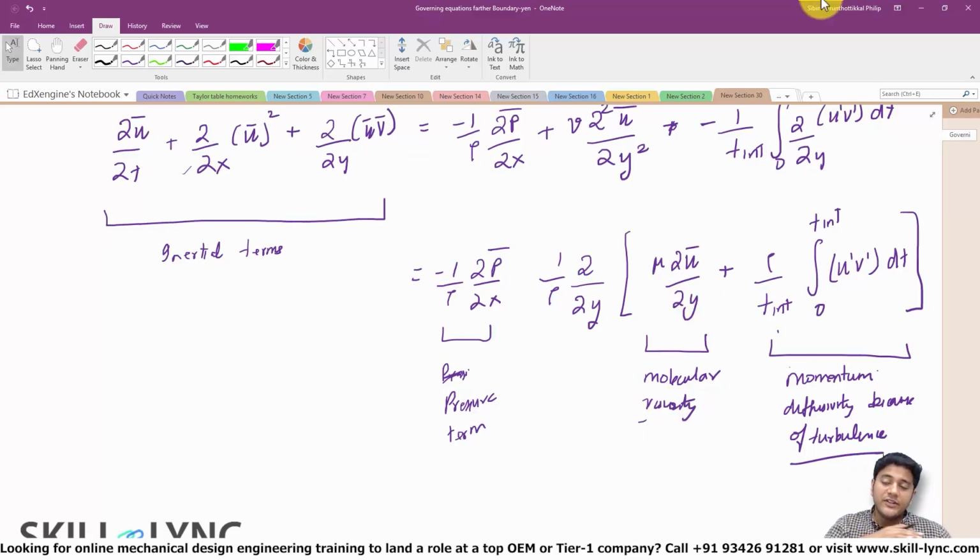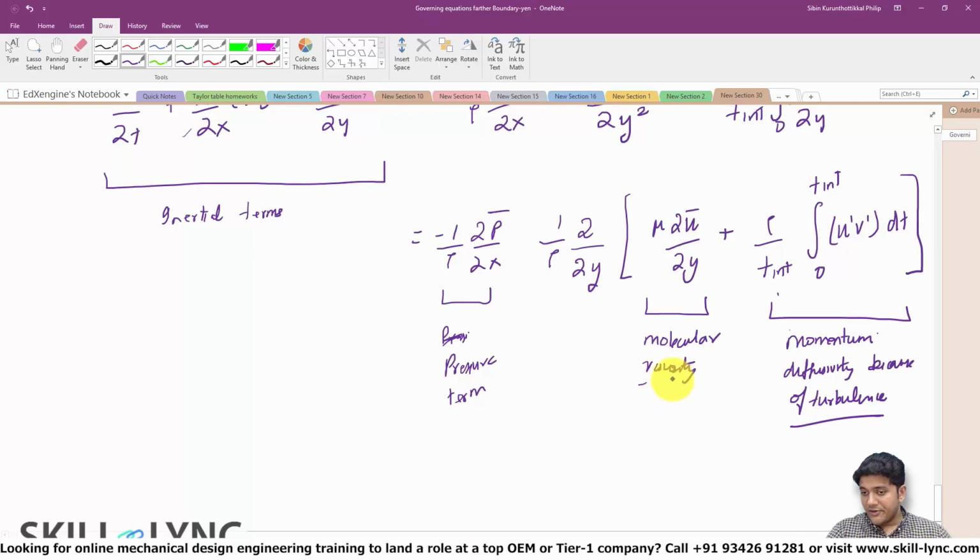Okay, so basically this is your Reynolds averaged Navier-Stokes equation. The only thing that we do not know is that time integral right there, and turbulence modeling is all about capturing that particular term. In fact, this dou by dou y multiplied by mu dou u by dou y is your shear stress based upon molecular viscosity, and if you take the derivative of this time averaging term, that is going to be your Reynolds stresses.